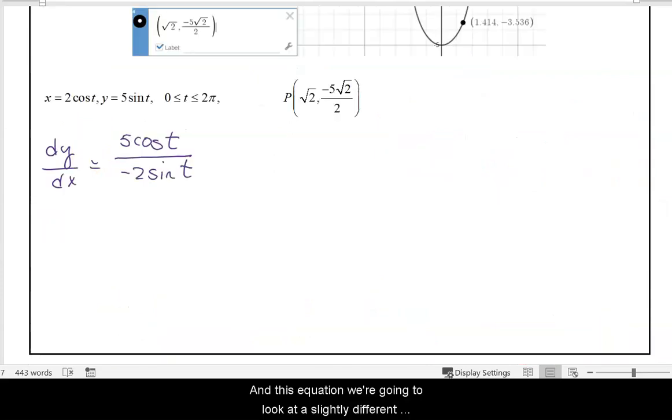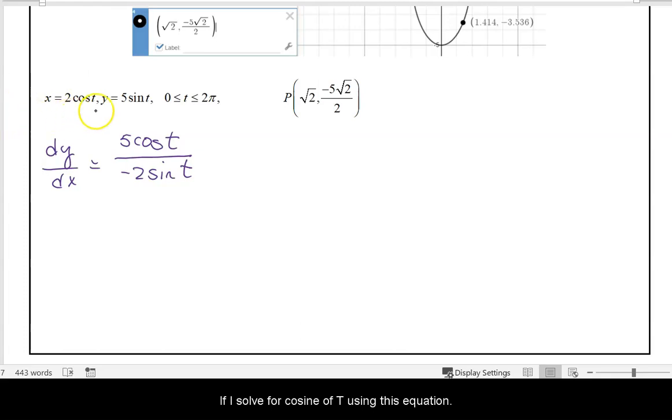In this equation, we're going to look at a slightly different way of evaluating what the derivative is. Instead of finding the angle t, this time I'm going to do a substitution. Since I know the derivative formula is 5 cosine of t, but I know that x is equal to 2 cosine of t, then I can solve for the cosine of t.